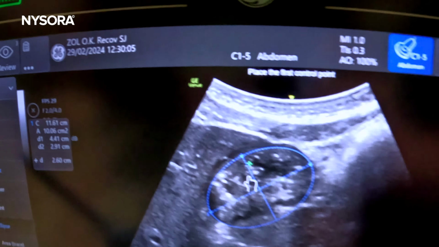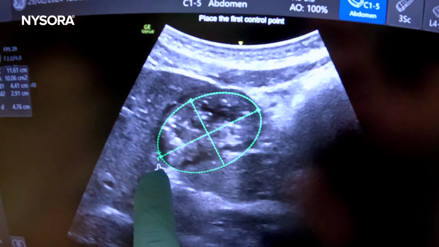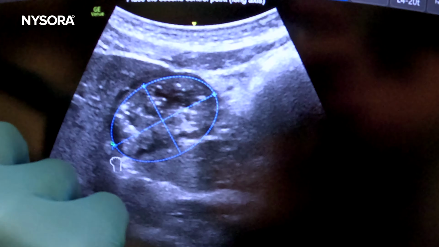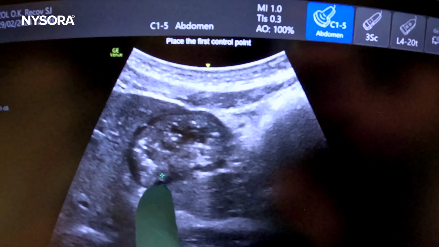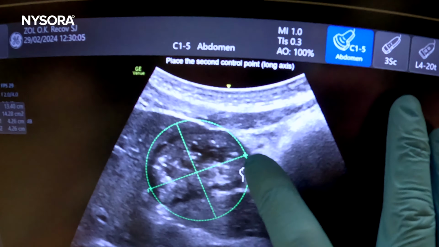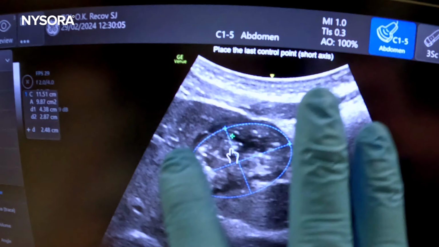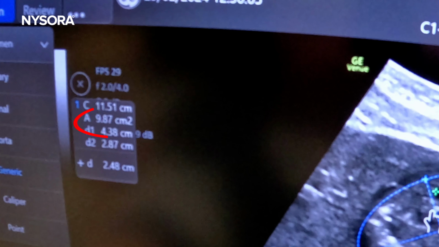So this is about 9.5 to 10. We'll do a second measurement. So yeah, between around 9.5 to 10 square centimeters.